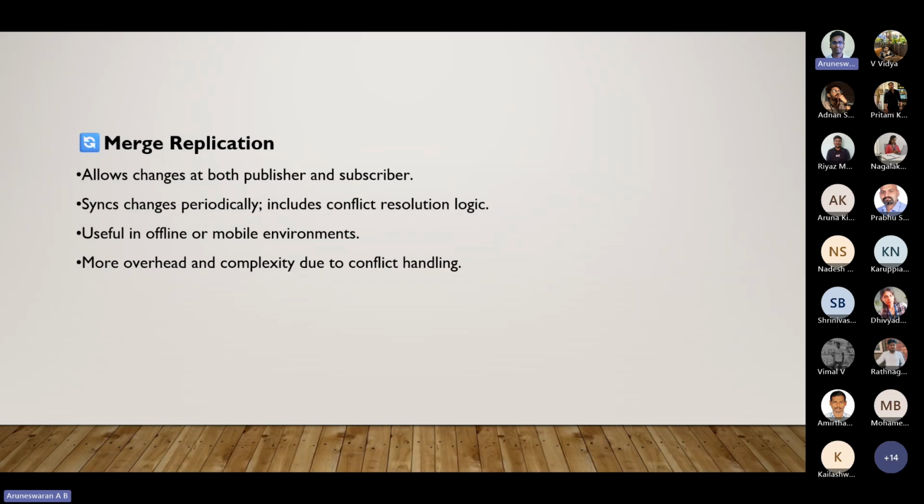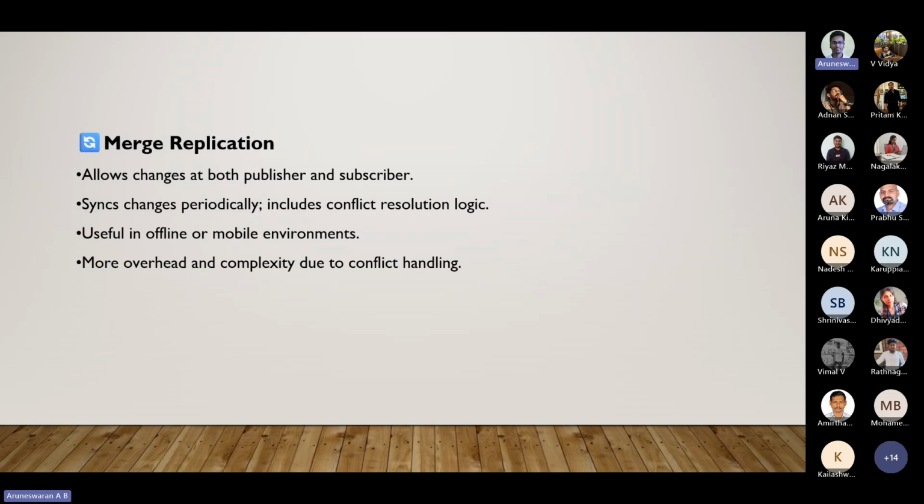I will set the resolution logic, which one has the high priority, and that data will be synced to the table. So here I have mentioned sync changes periodically, including the conflict resolution logic. That logic helps identify which data I will capture into this table. Like that it will sync.